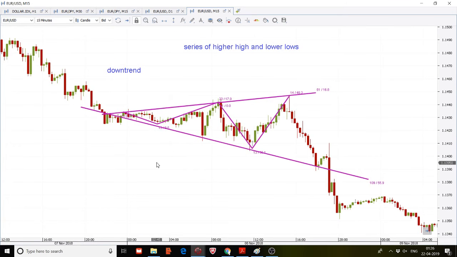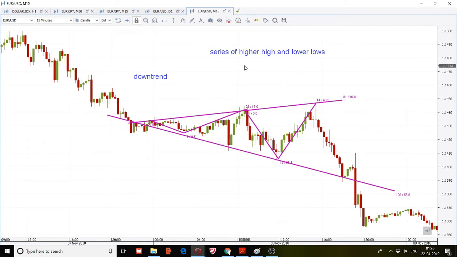But I have modified one thing here. When you join the two points, you will get the idea of the third point. As soon as you join these two points, you get the idea of the third one.